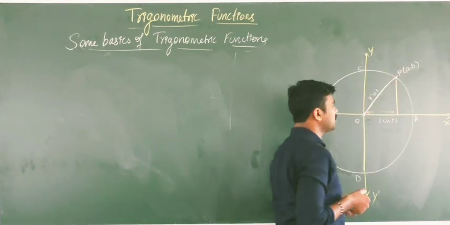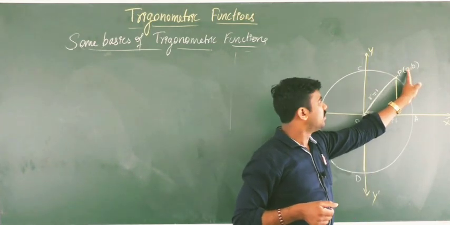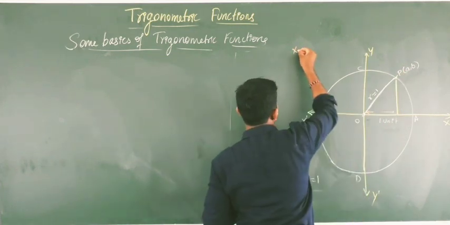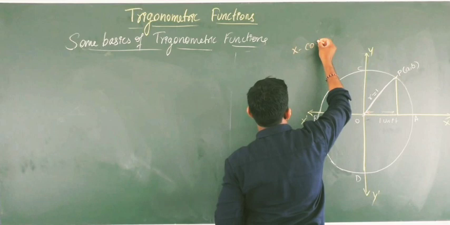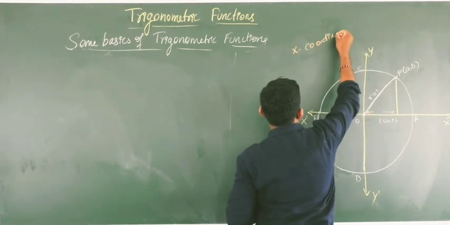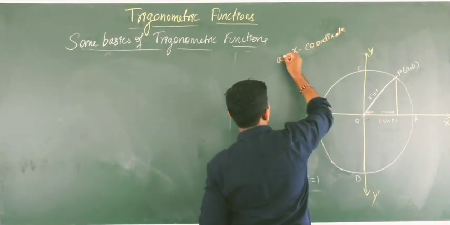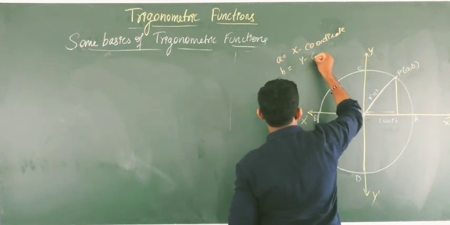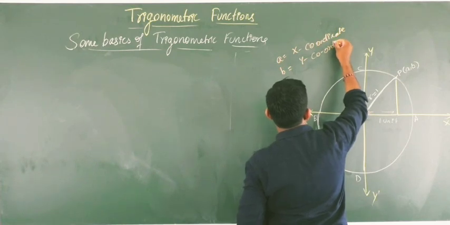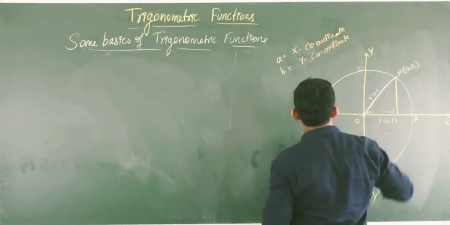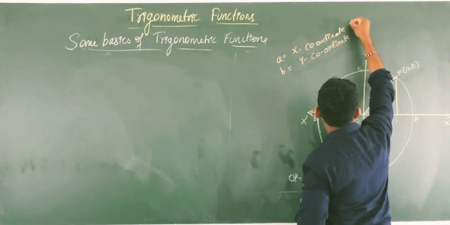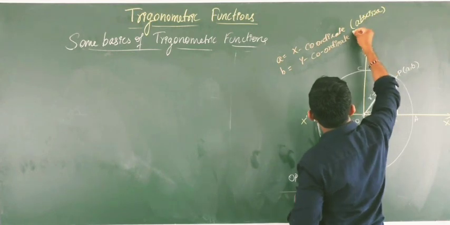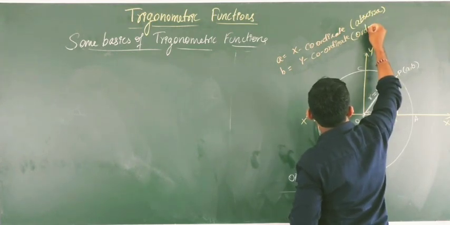We can observe point P with the coordinates A and B. So here the x coordinate is A, and B is the y coordinate of the point P. Also we can say the x coordinate is the abscissa, and the y coordinate is the ordinate.